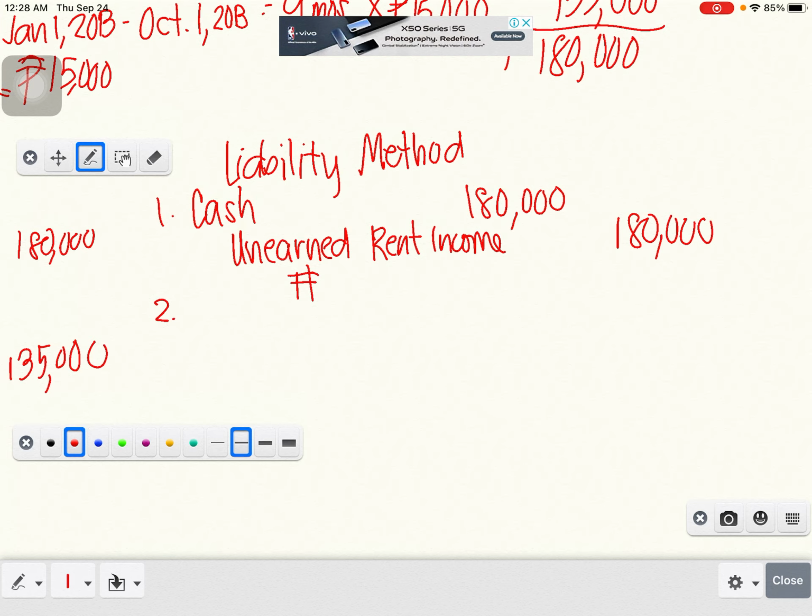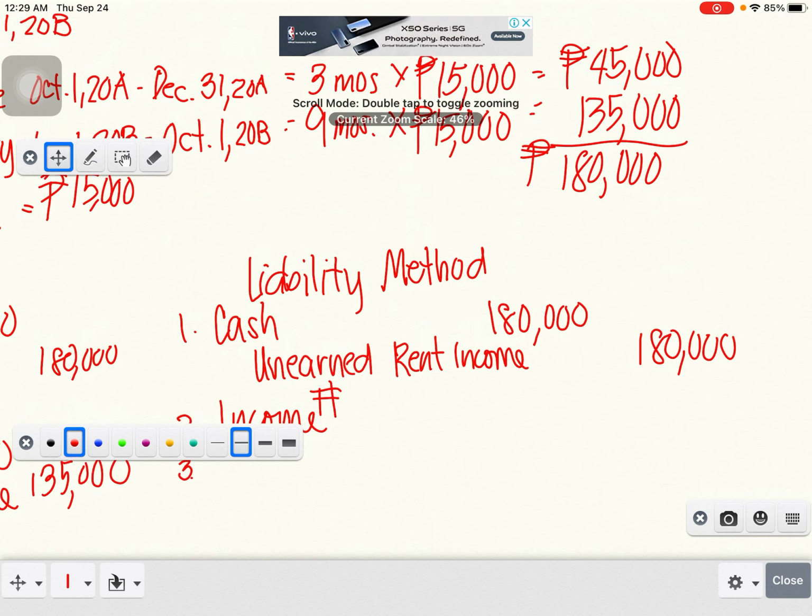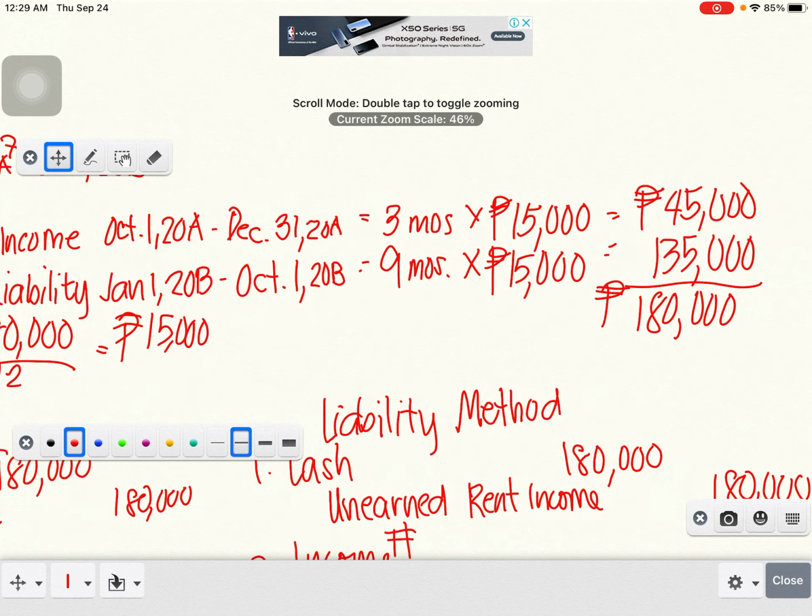Number 2. In your adjusting entry, what account will you record? So in the original entry, we have used the liability method, so we already recorded a liability. So when we adjust, we would record the income. What is your adjusting entry? Since we already recorded the liability, we have to lessen the liability. We have to record the income, so the income is how much?